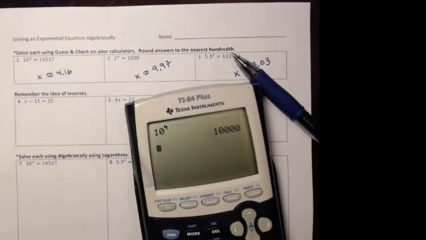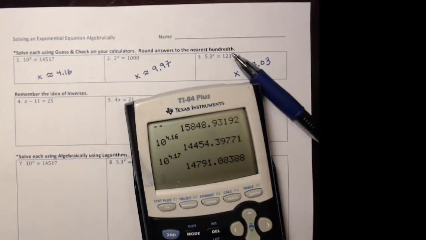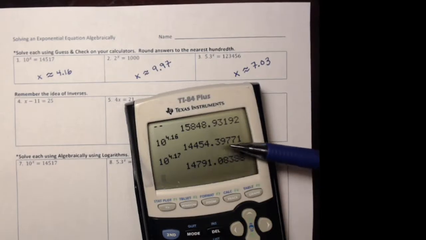Okay, so 4, that's a little too small. I need 14,517, and as you eventually get closer to the answer, 14,000, that's a little big, and eventually you get to that, which is a little small, and then when you try 4.17, that's a little big, and then 14,517, which one's closer?